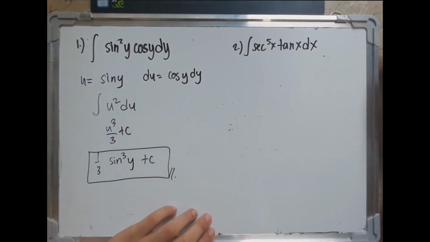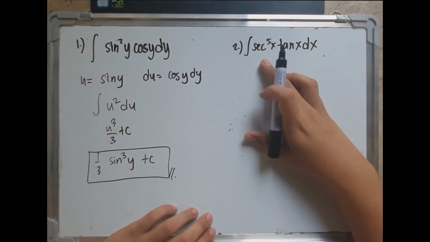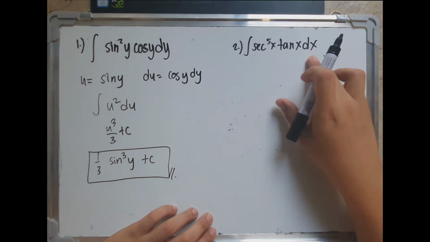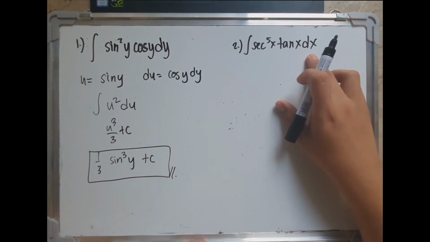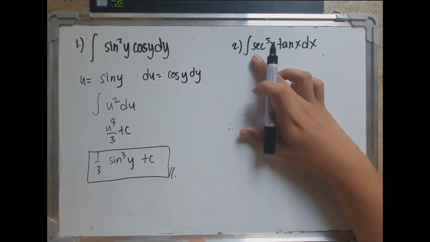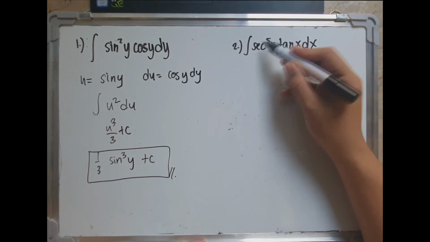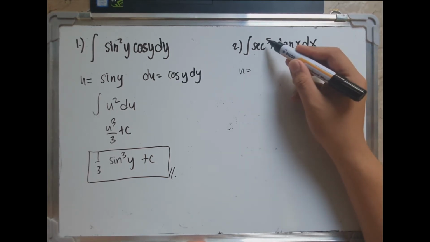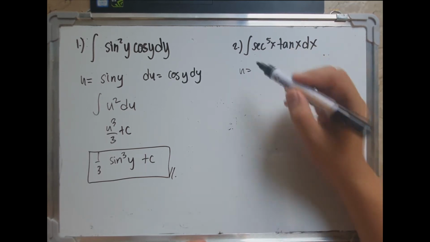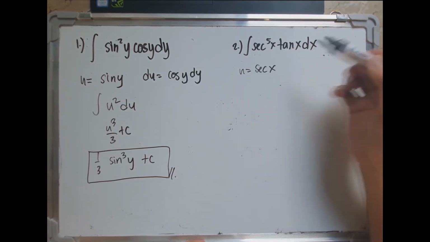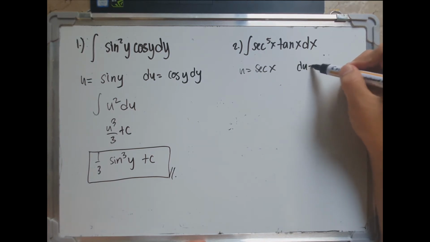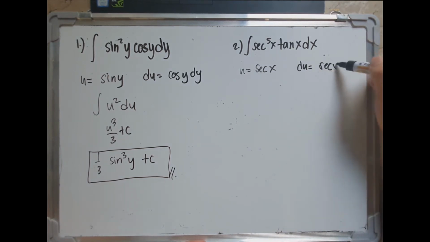Now for number 2, look closely. We have the integral of secant raised to the power of 5x tangent x dx. Now, if we choose secant x as our u, since we have an exponent of 5, the derivative of secant x is secant x tangent x dx.